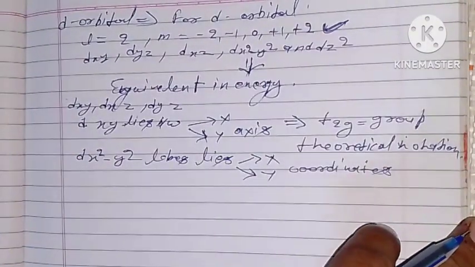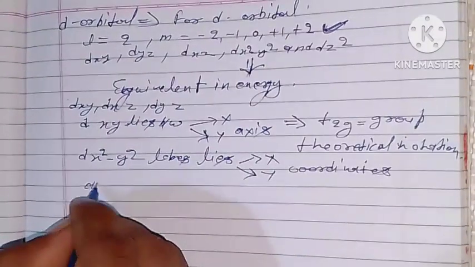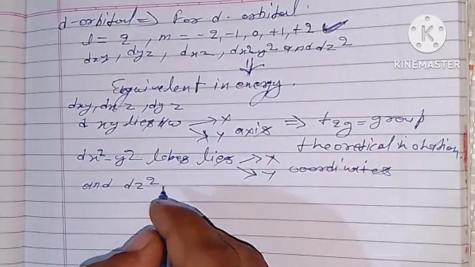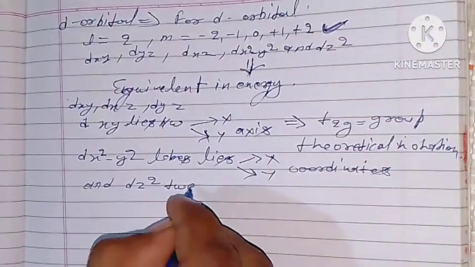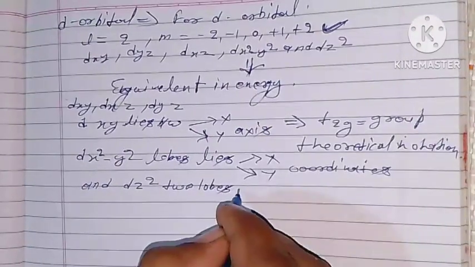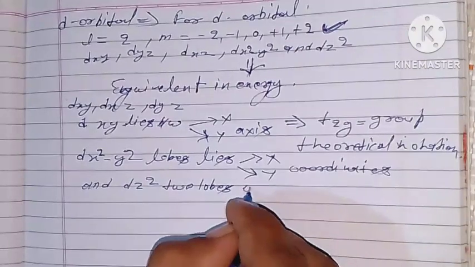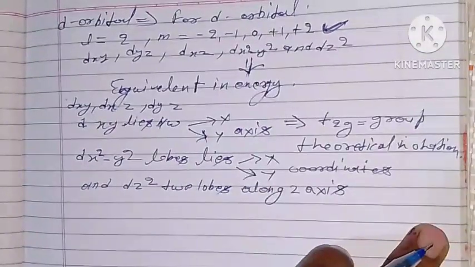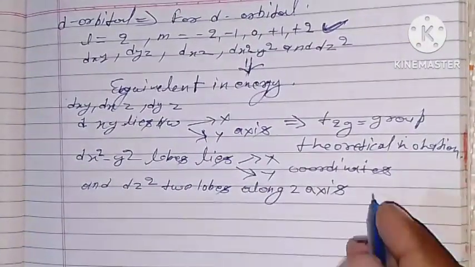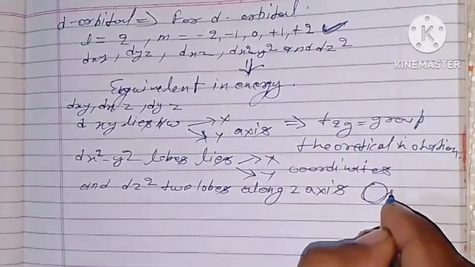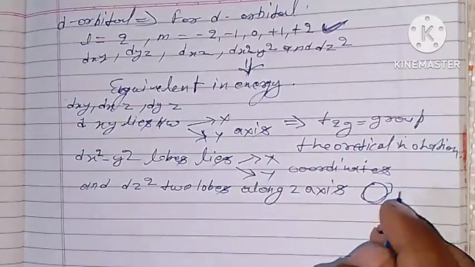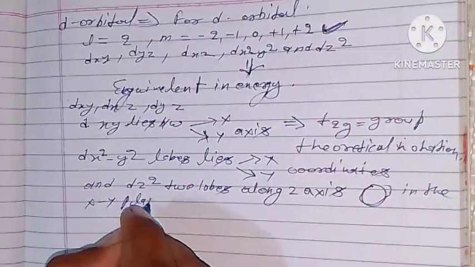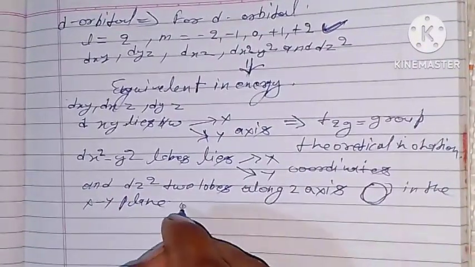And in dz square, there are 2 lobes along the z axis with a ring in the xy plane around the nucleus.